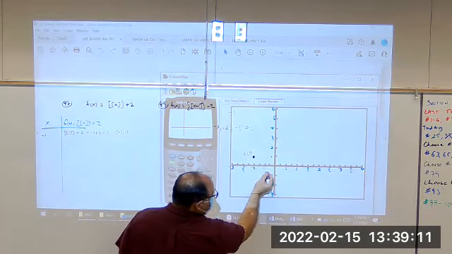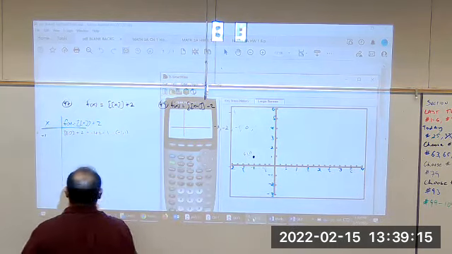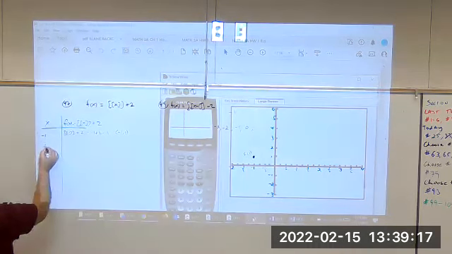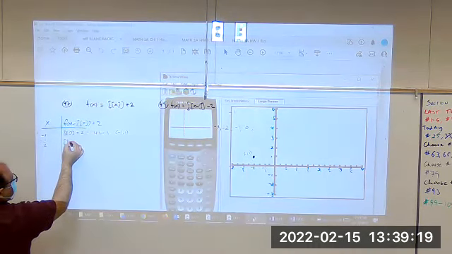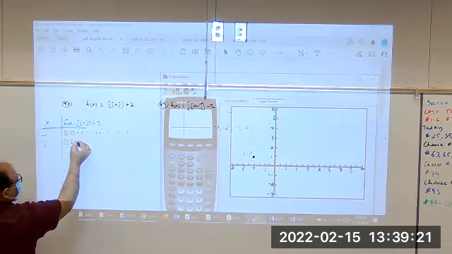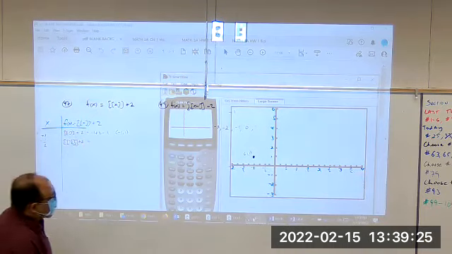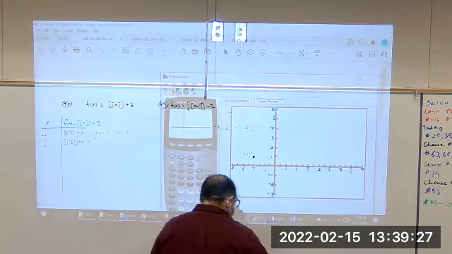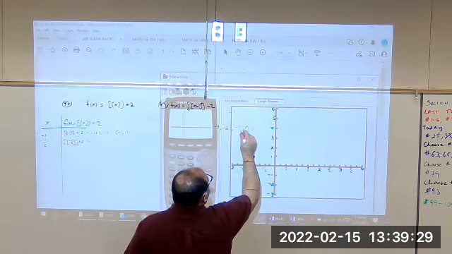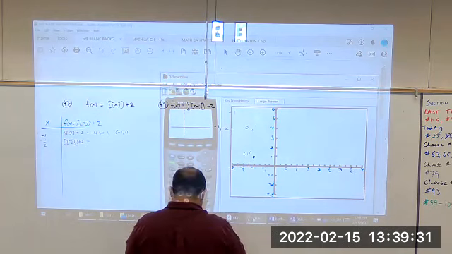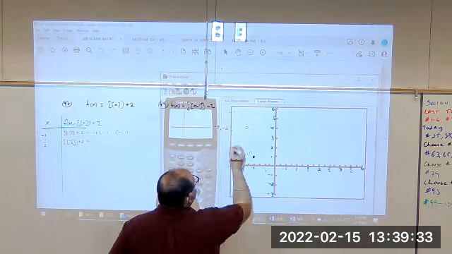And then let's creep in a little closer. Let's plug in negative 1/2. So the step of negative 1/2 plus 2 equals. So when you plug in negative 1/2, there's your negative 1.